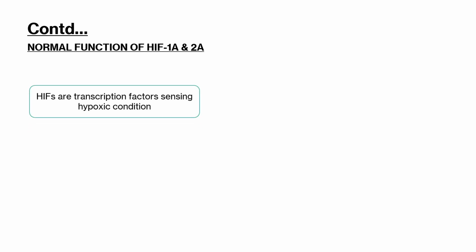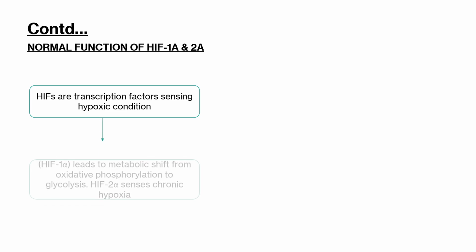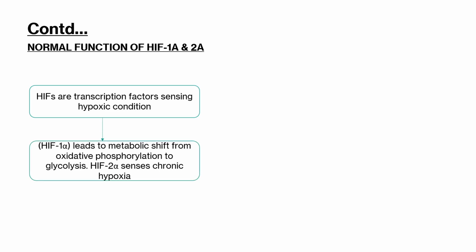Generally, these are transcription factors that, once a hypoxic condition develops inside our tissues and organs, sense it. Hypoxia-induced factor 1 alpha leads to the metabolic shift from oxidative phosphorylation to glycolysis, whereas 2 alpha senses chronic hypoxia.